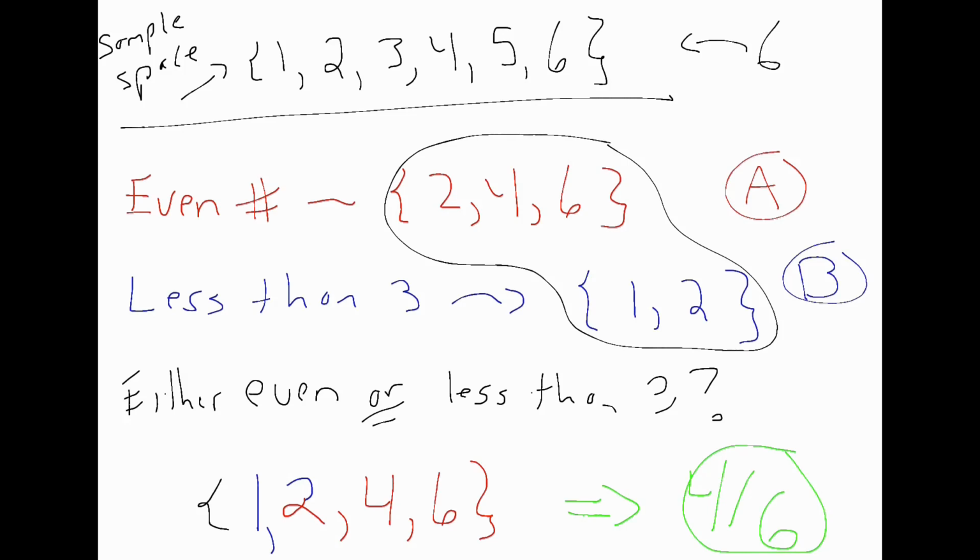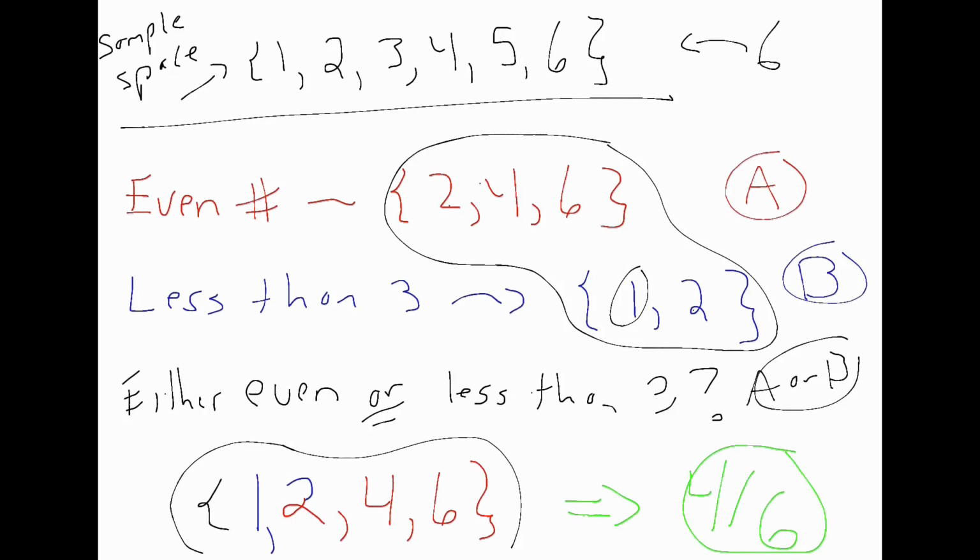Of course, the list of all possible outcomes, I could either have a 1, that's from this space, a 2, that's the number that's in both of these, a 4, or a 6. So how many ways can this happen down here? This is A or B. Either an even number or a number less than 3. There's 4 ways out of my original 6. So the answer to this question is 4 out of 6 or 2 out of 3, which is 66.7%.